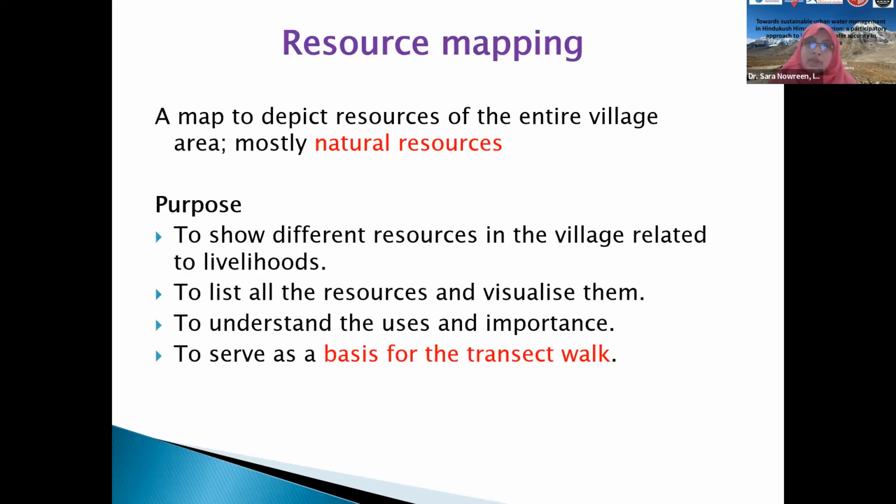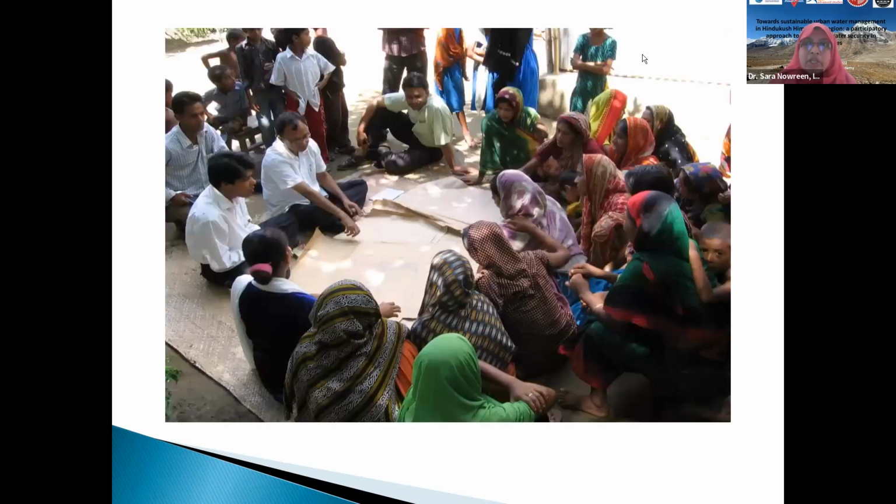So let me go through them one by one so that you will get a bit of understanding of what that really means. When we do the resource mapping, obviously, with the name you can understand that there will be a resource. For example, say you want to do it in your village. You need to make sure that you arrange a program where the stakeholders are engaged.